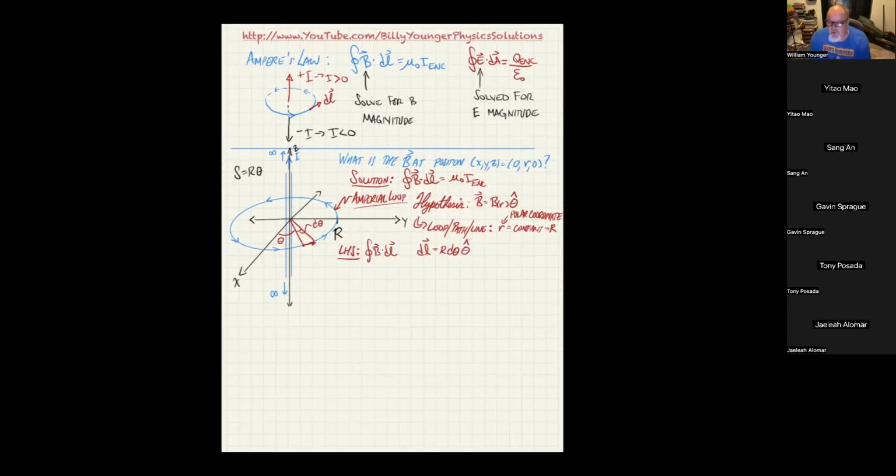Again, you don't necessarily have to know that theta hat even exists. You're just trying to think of, hey, if I go to any point in the XY plane, and I draw a line from the origin of the coordinate system to that point, then that line will be radial. If you draw it from the point to the origin, it's radially inward.